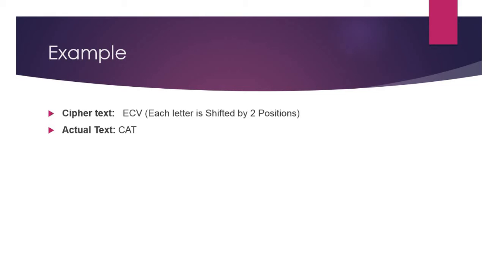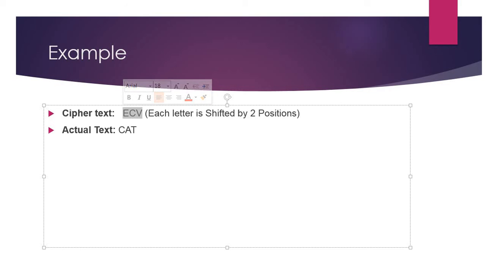So if you shift C by two positions, it will become E. If you shift A by two positions, it would become C. And when you shift T by two positions, it would become V. So ECV becomes my cipher text that you are seeing over here, and cat becomes the actual text.